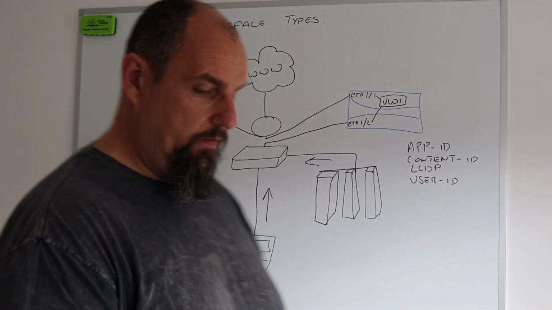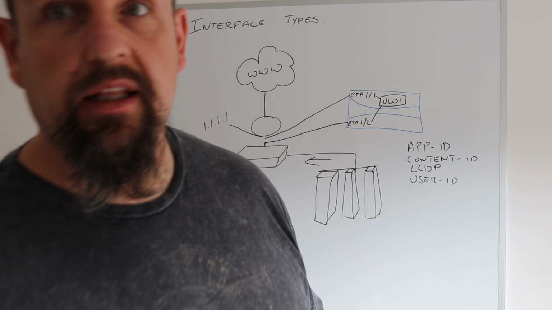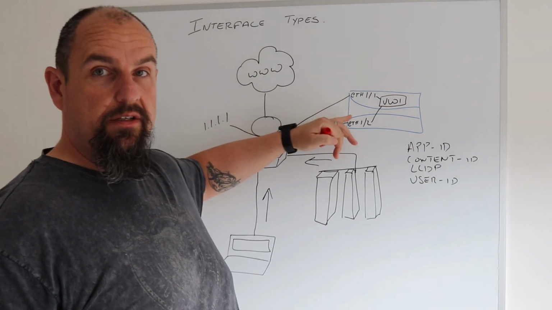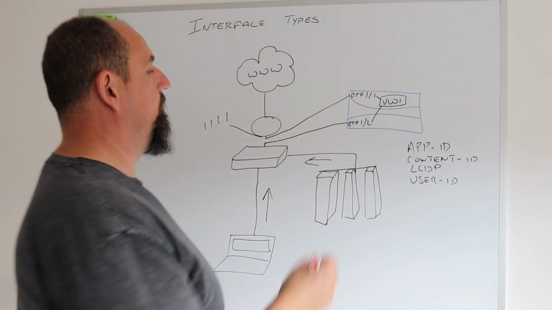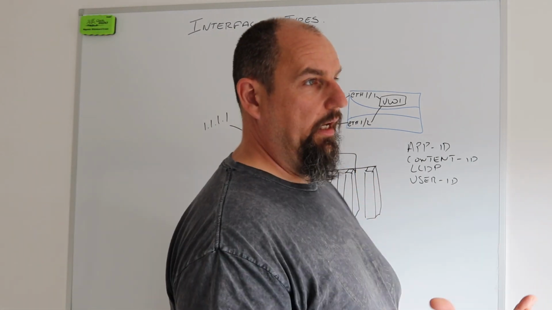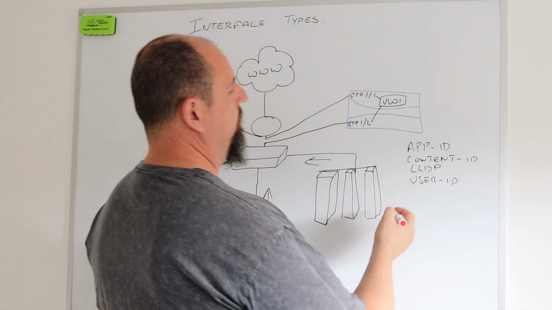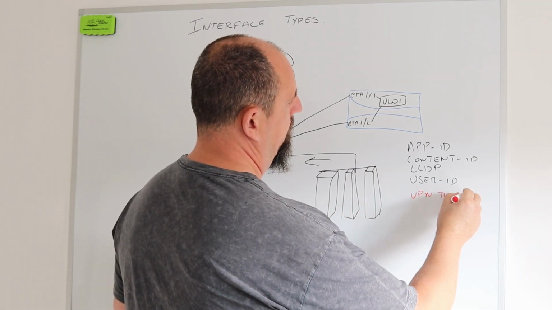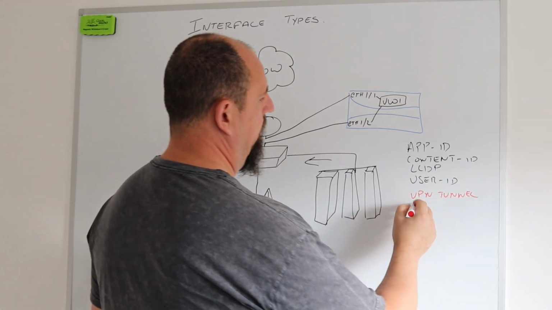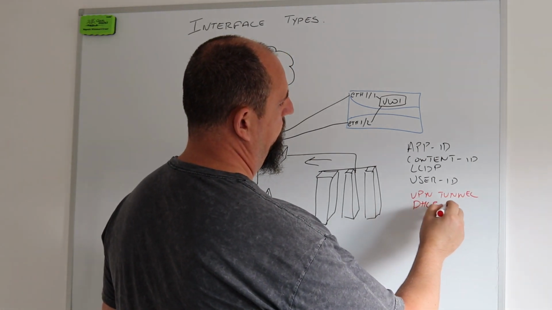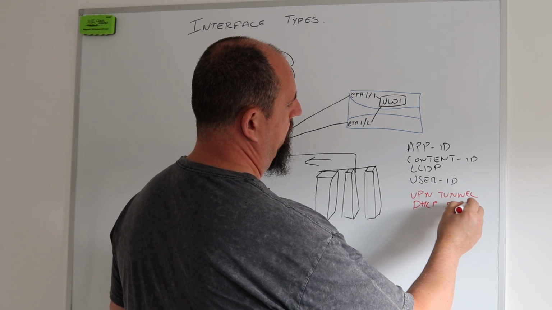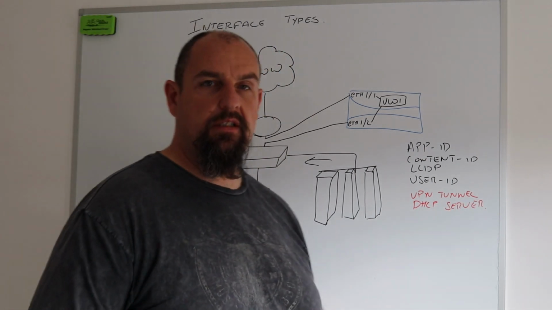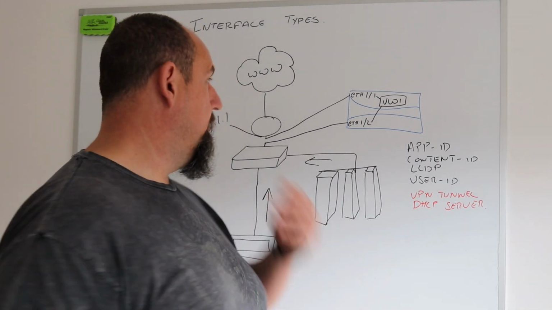What we can't do is anything that involves a layer 3 interface, because these have no layer 2 or layer 3 configuration. So for instance, we can't terminate a VPN tunnel, and can't run a DHCP server off it, because these things need to have a layer 3 address.